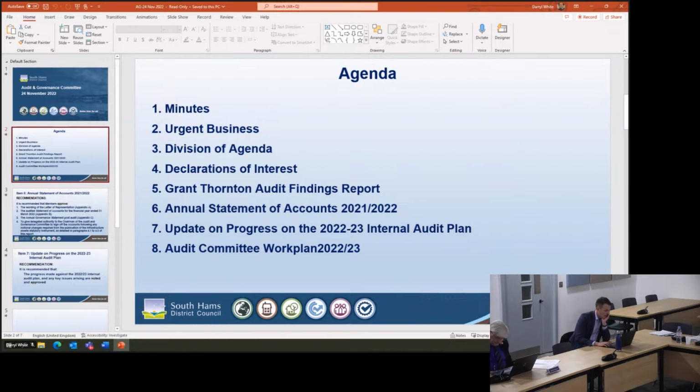Final point I want to draw out, on page 31 of the agenda pack, we report an unadjusted misstatement. This has been reported in the council's findings report for the last few years. It's another technical accounting point. We as auditors have a view of how this particular investment should be accounted for and treated. Management have a slightly different view on that treatment. The cumulative and the in-year impact are not significant.